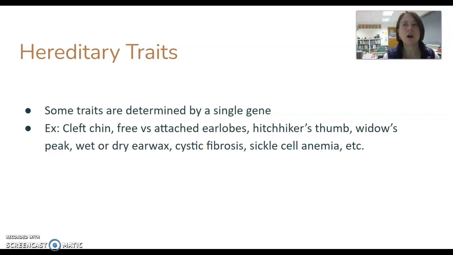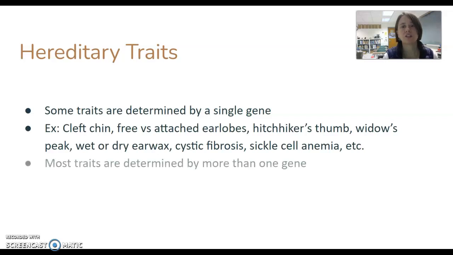Wet or dry earwax, cystic fibrosis, that disorder is one gene, and sickle cell anemia is determined by a single gene. And there are many more, but most of your traits are not determined by one gene.